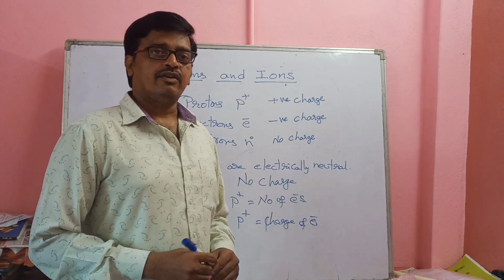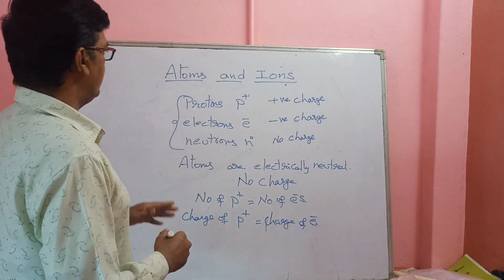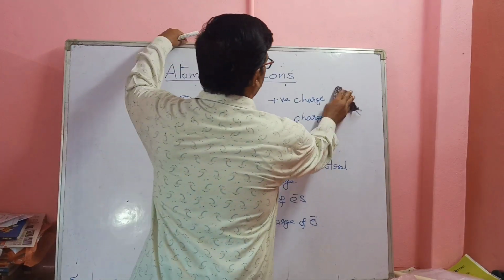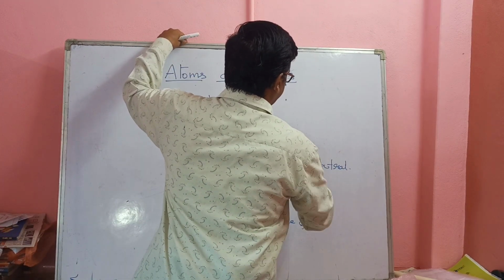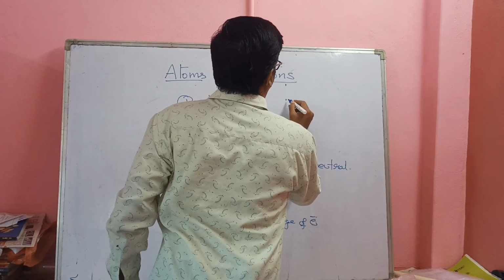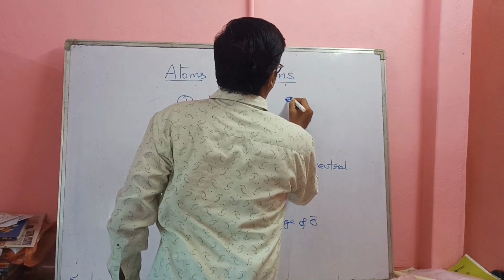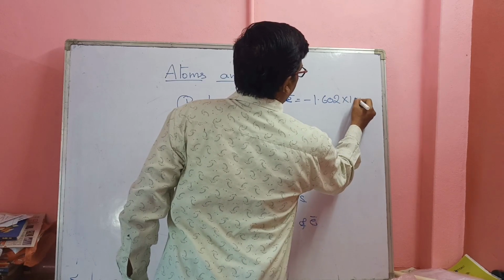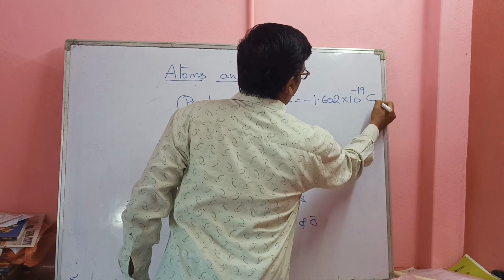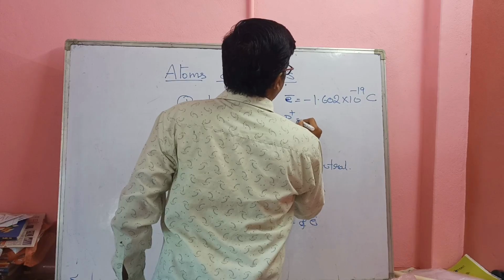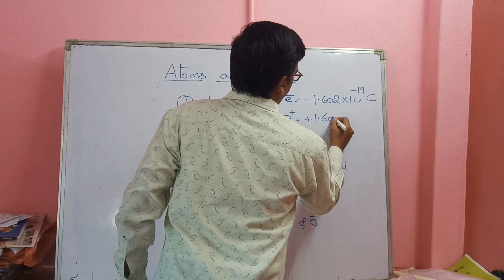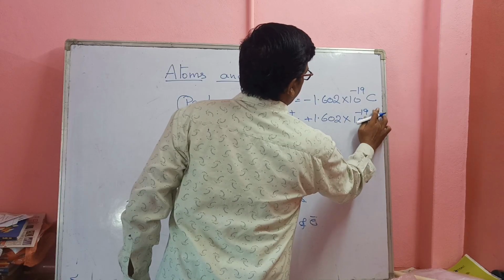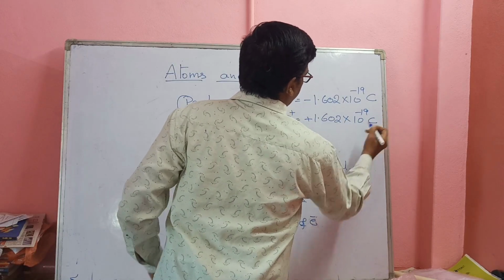For example, the charge of an electron is minus 1.602 into 10 power minus 19 coulombs, and the charge of a proton is plus 1.602 into 10 power minus 19 coulombs.